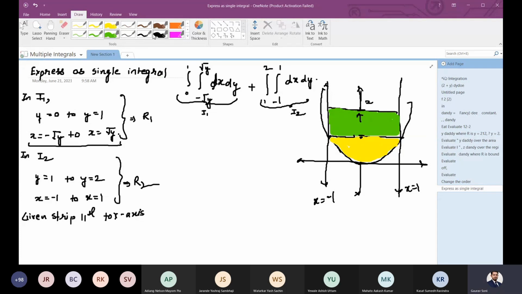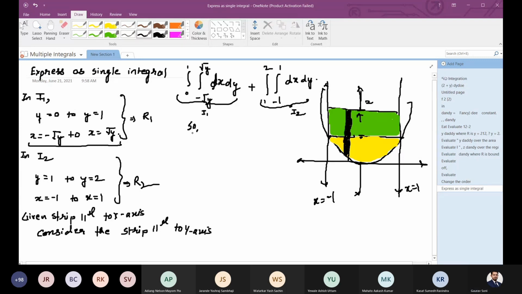So if I consider a vertical strip like this, I need to fix the value of x.